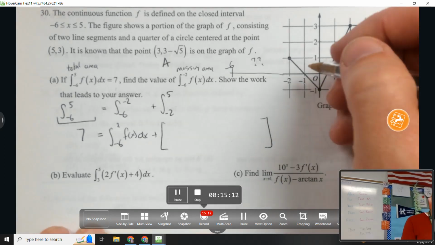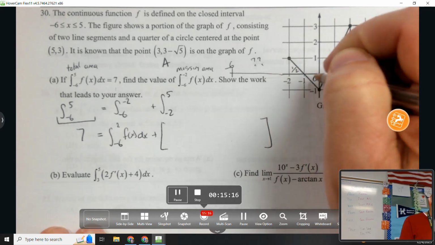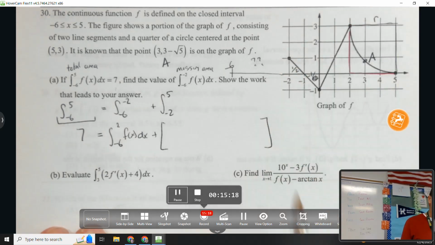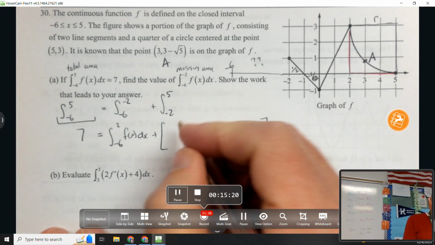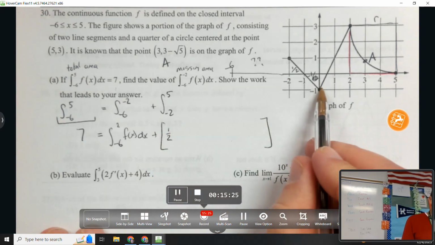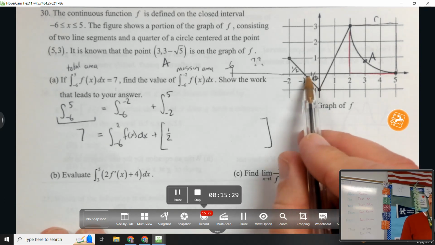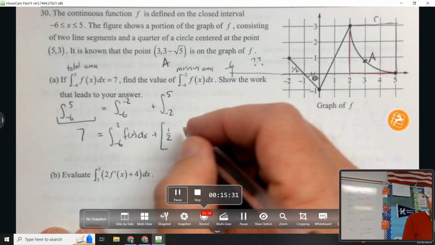Okay. Let's see. So I'm going to just label them on the graph as I go here. So from negative 2 to negative 1, that's a positive 1/2. From negative 1 to 0, that's a negative 1/2.